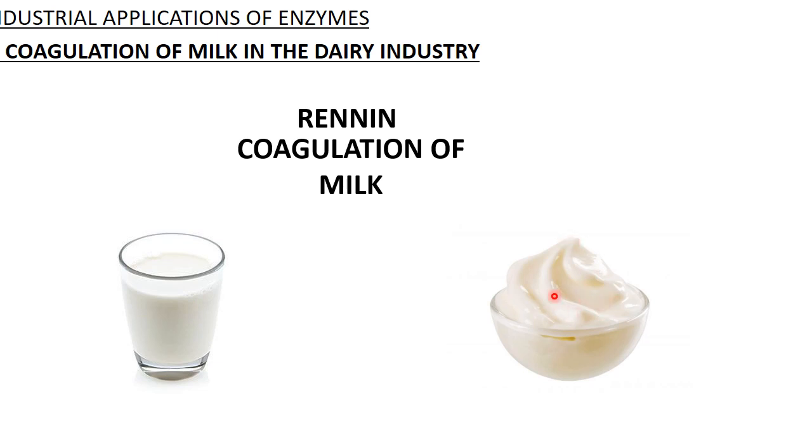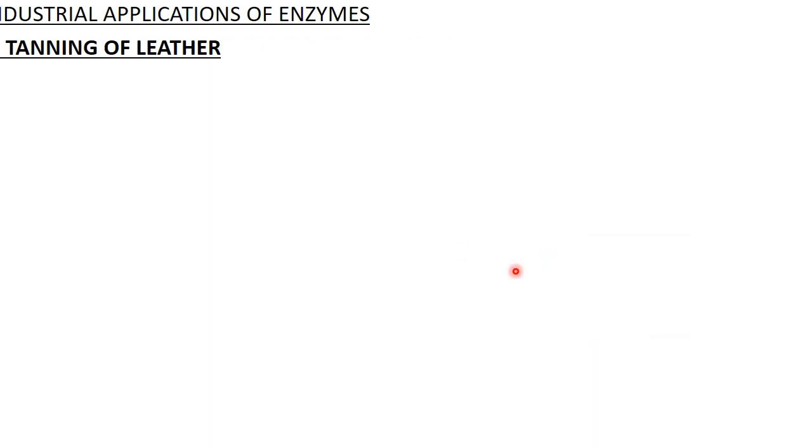The process by which milk is converted to other products which are a bit harder than milk is called coagulation. So, in short, the application of enzymes in the dairy industry is in hardening of milk, where milk is converted to some of its products such as yogurt and cheese.